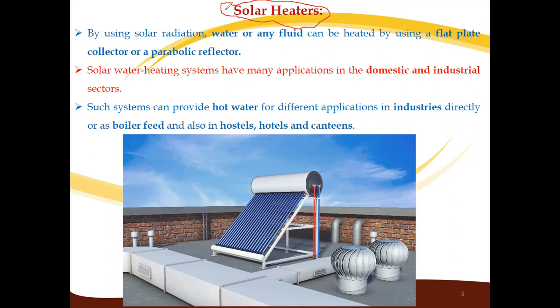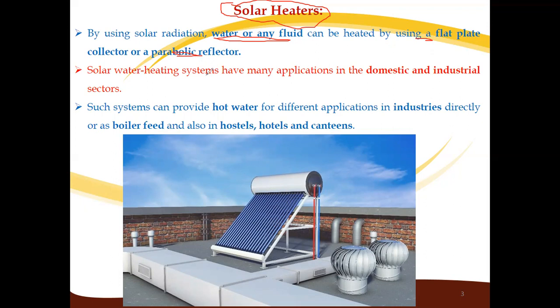By using solar radiation, we can heat water or any type of fluid by using either a flat plate collector or a parabolic reflector. So by using these two types of collectors, one is flat plate and another is parabolic reflectors, we can heat the water or any type of fluid by using solar radiation.